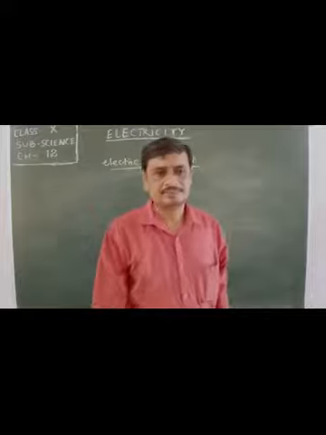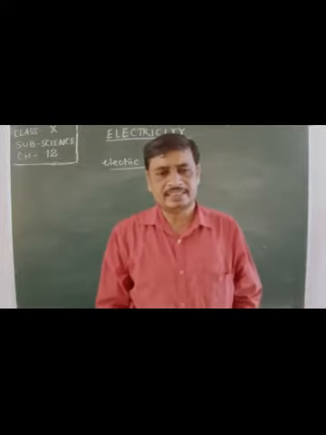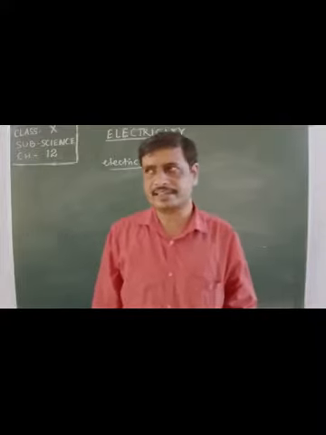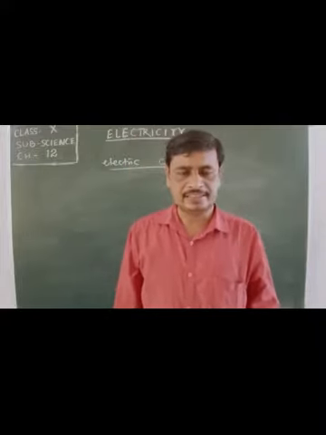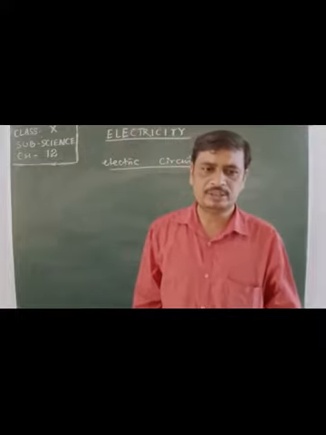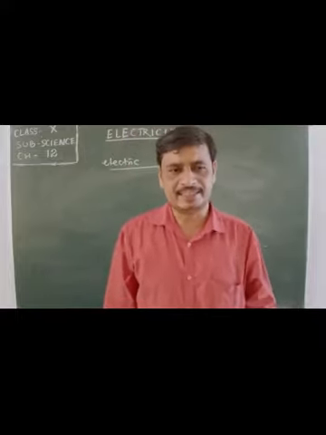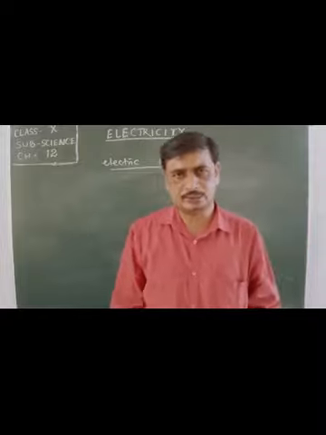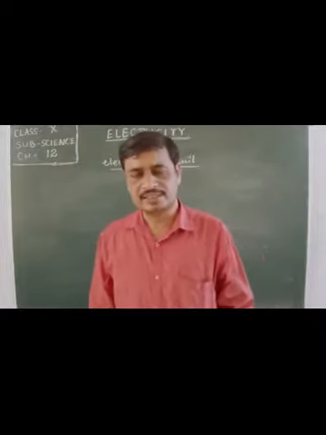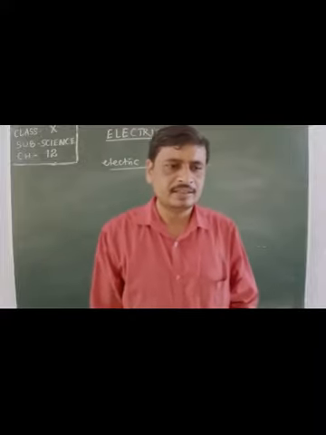Electric circuit. A continuous conducting path consisting of wires and other resistances like a bulb, electric heater, etc., and a switch between the two terminals of a cell or battery or any source of electricity, along with which an electric current flows, is called a circuit.